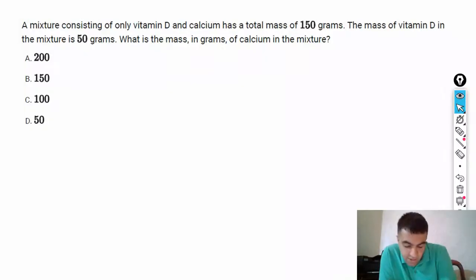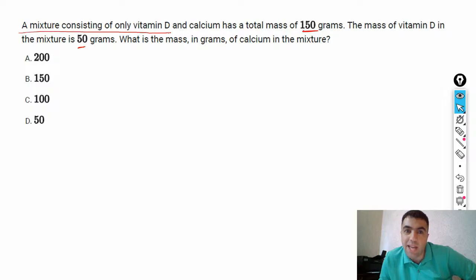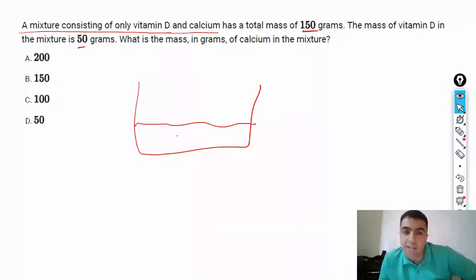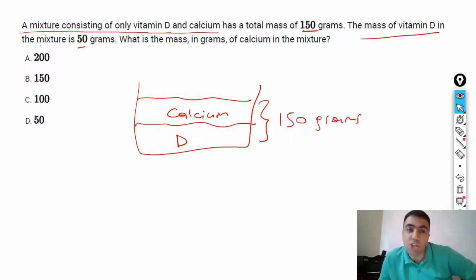This is C. Saib, why do you think this is A? You add up these two numbers, right? But let me explain for you. A mixture consisting of only vitamin D and calcium. The mass of vitamin D in the mixture is 50 grams.